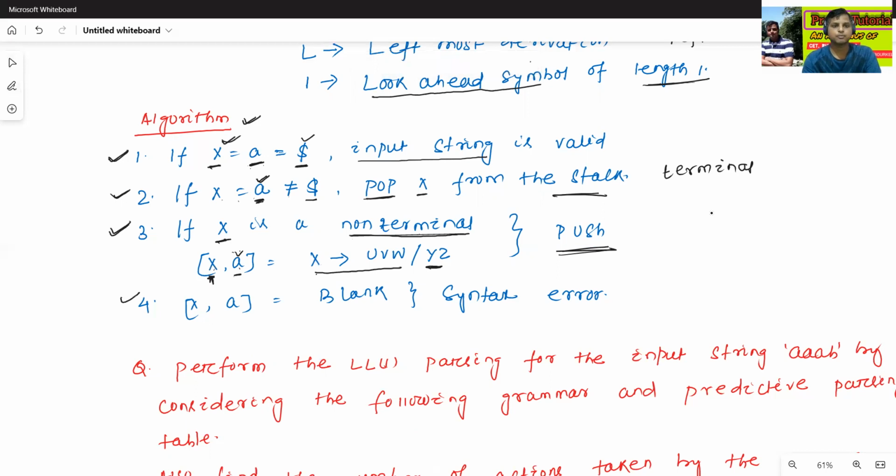What is the fourth step? If the entry is blank, meaning no prediction is available, then it is called a syntax error.